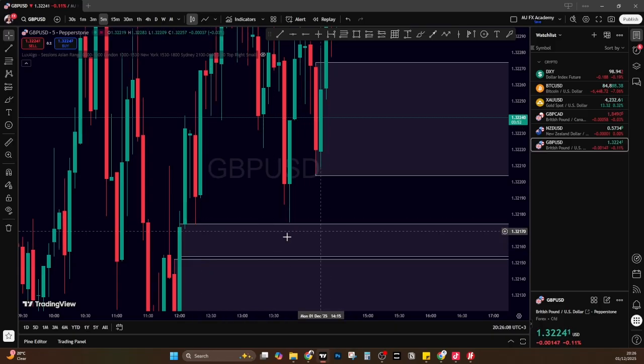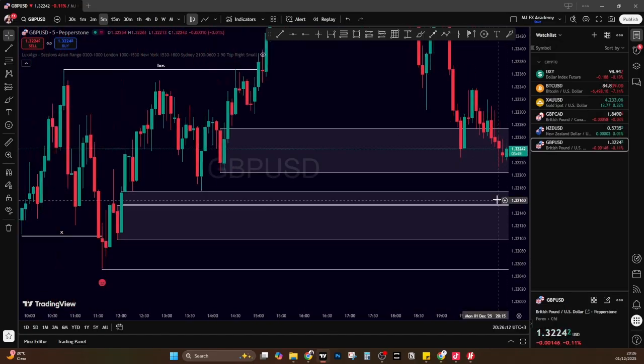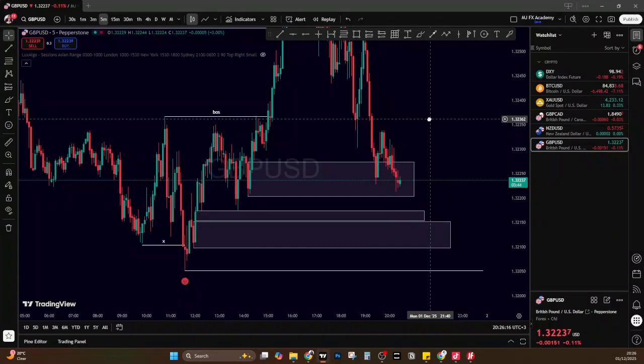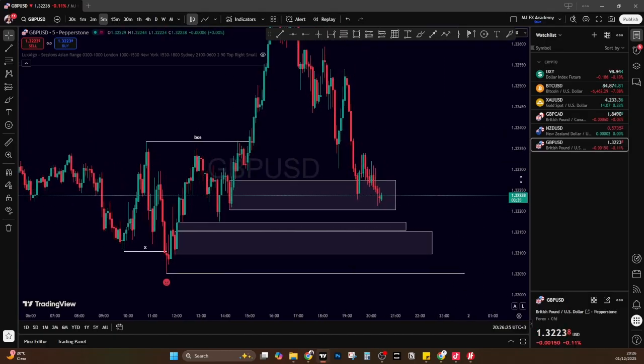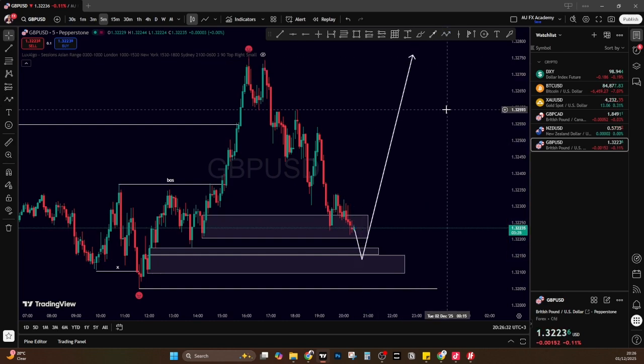And relative equal lows in the market mean liquidity. So this gives us confluence that the market should, it's not a must because of course we are not the market makers, but using order flow, the market should come at this area here before continuing upwards.